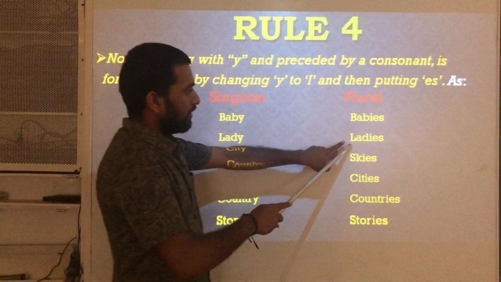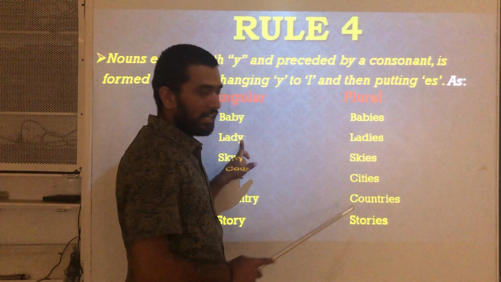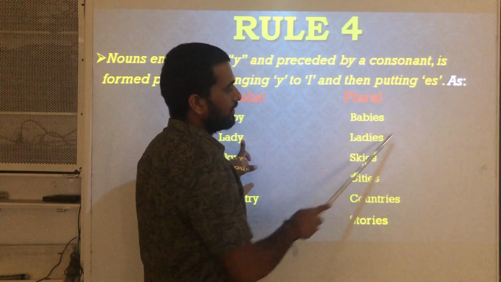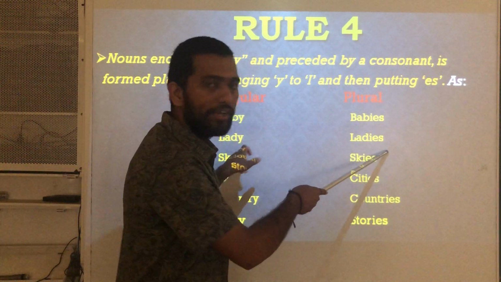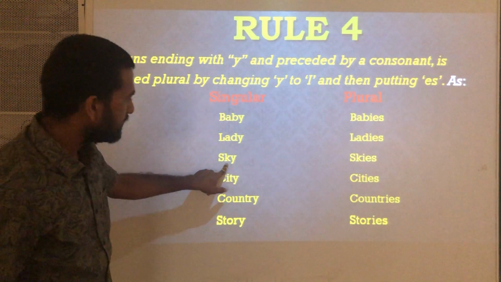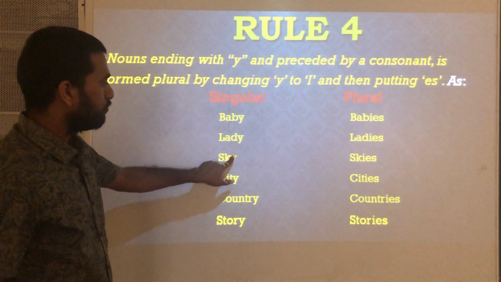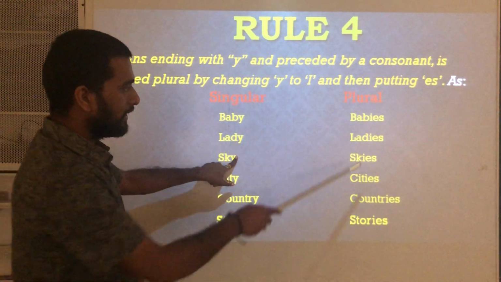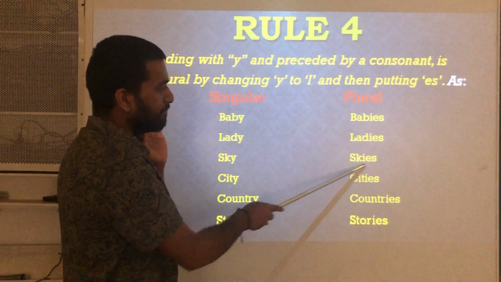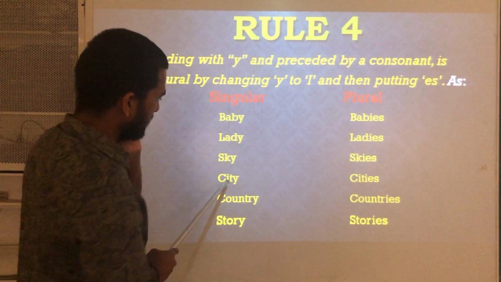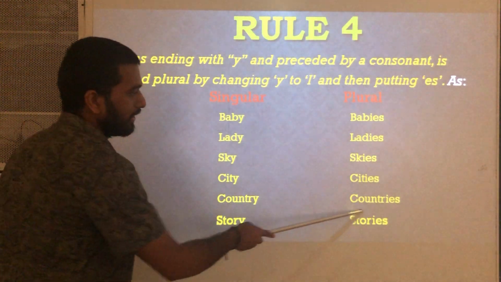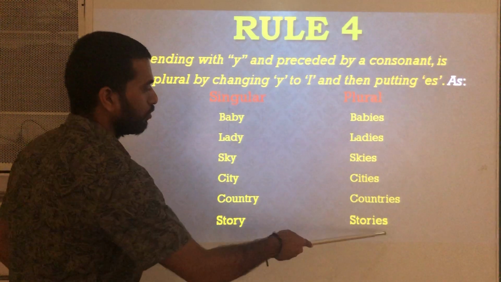Lady, remove y and place i, and then put es, ladies. See, sky: the last letter is y and before it is a consonant, so we remove y, write i, and es should be added at the end, so it becomes skies. See, city, the same way cities, and country, countries, story, stories.